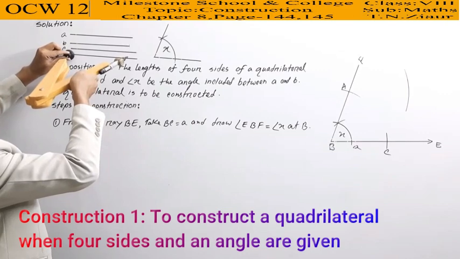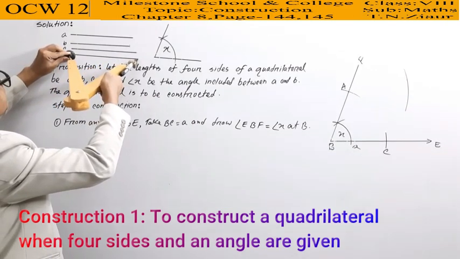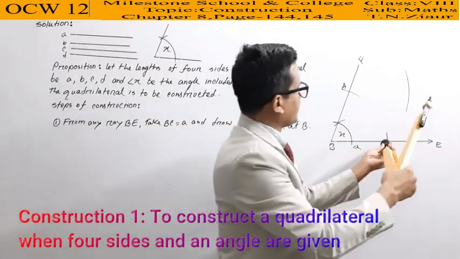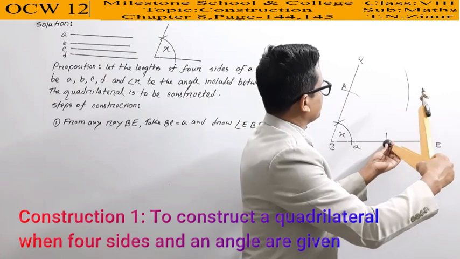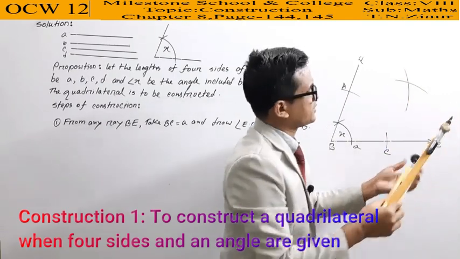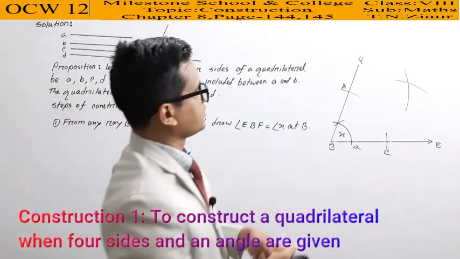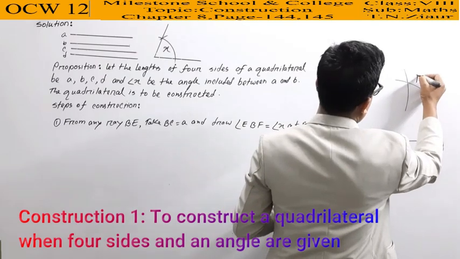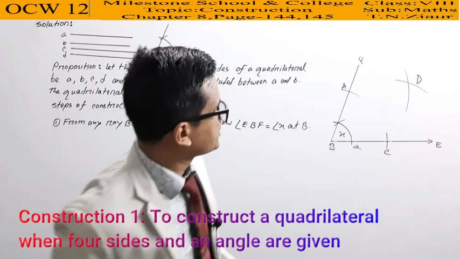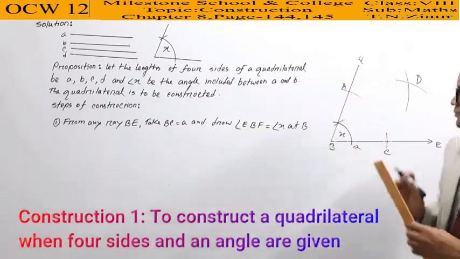Again take the radius of D, place it at C and draw another arc within the angle ABC. Then these two arcs intersect at D. Now join AD and CD, then we will get ABCD, the required quadrilateral.